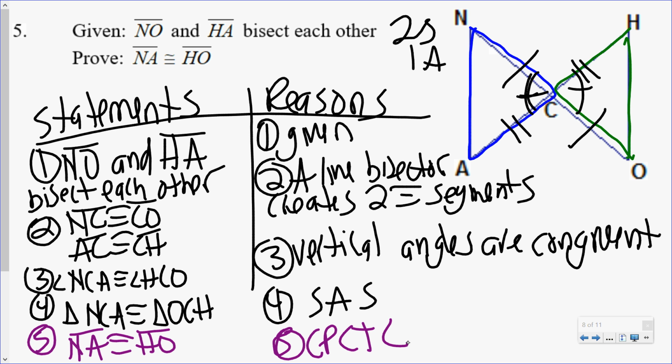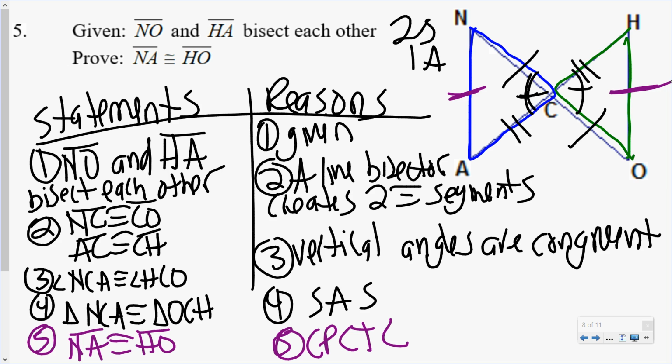And that's it. Once the triangles are congruent, I can state that any corresponding piece must be congruent, any corresponding side or angle, and the reason is CPCTC. If those triangles are exactly the same, then NA and HO are exactly the same because they're corresponding parts of congruent triangles, therefore they're congruent.